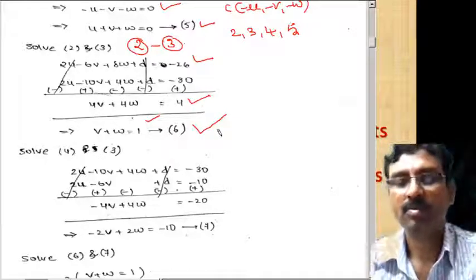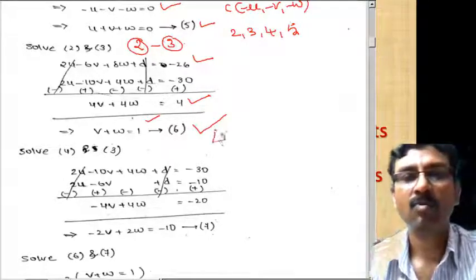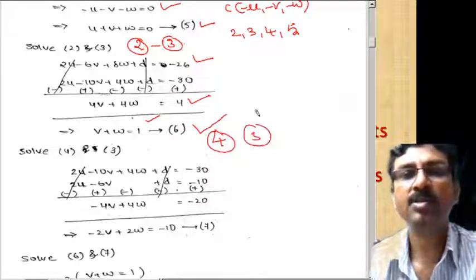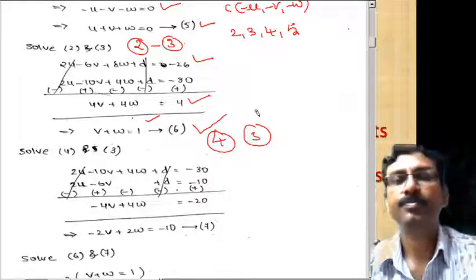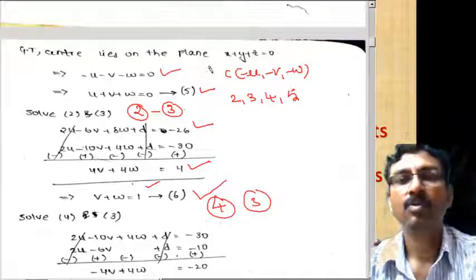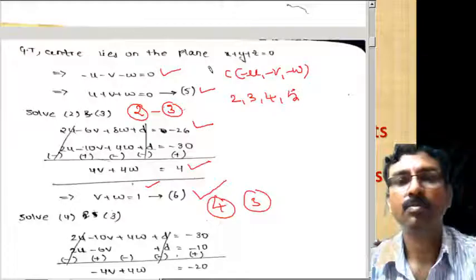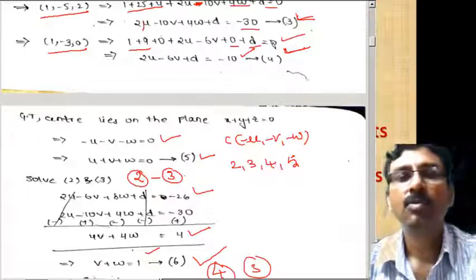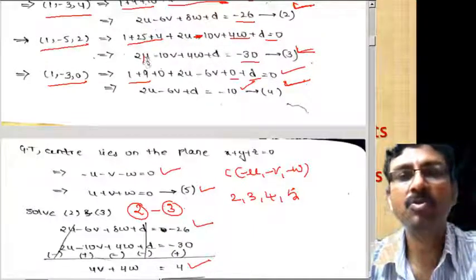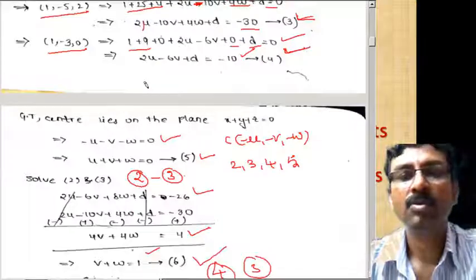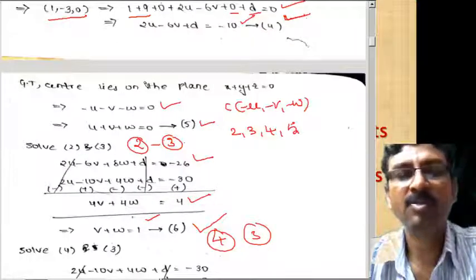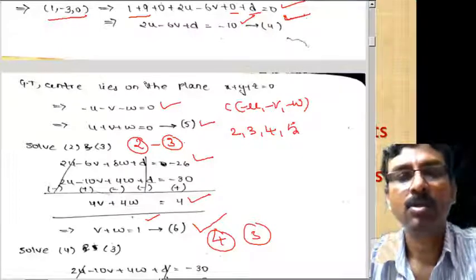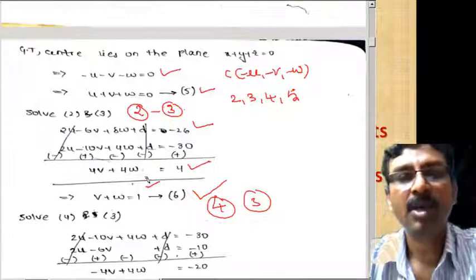Similarly, I am taking the fourth and third equations. In the fourth and third equations also we have 2u. My main goal is to eliminate d first, but luckily u is also eliminated. The primary goal is to eliminate d first.